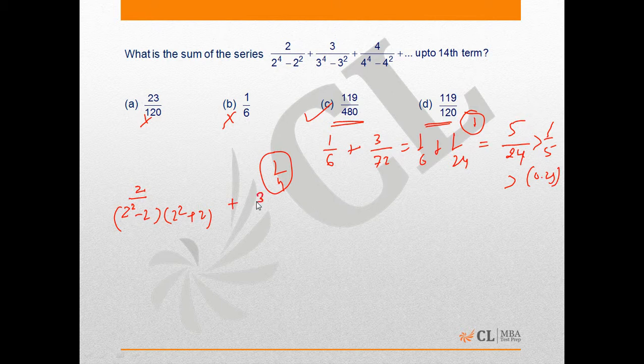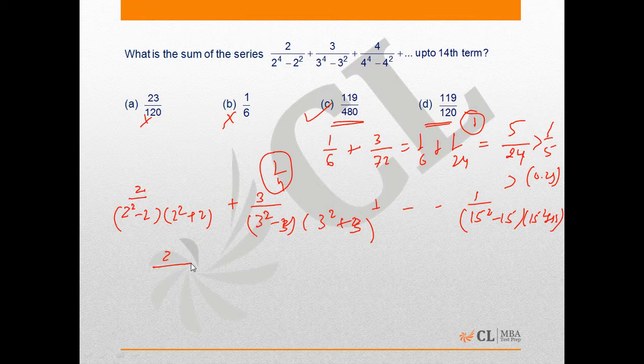Next term can be written as 3 upon 3 raised to power 2 minus 3, and 3 raised to power 2 plus 3, and so on. And the last term will be 1 by 15 square minus 15 into 15 square plus 15.